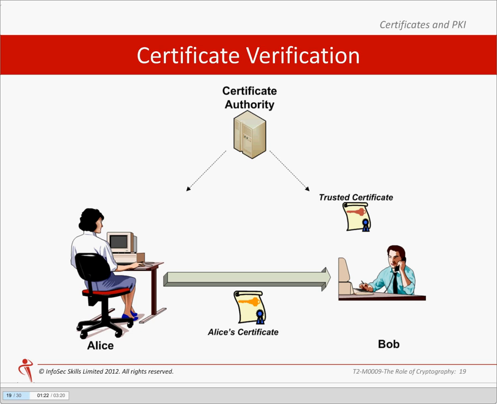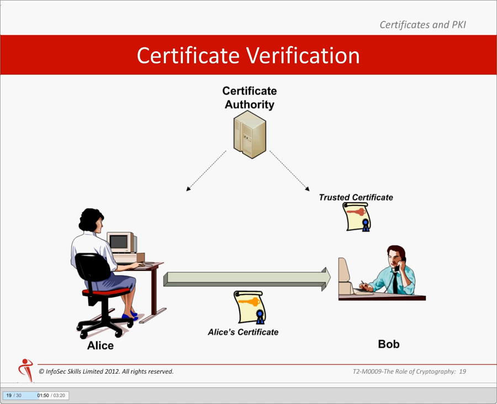On receipt, the first thing Bob will do is verify that Alice's certificate is truly authentic and has been issued by the CA, which Alice and Bob both trust. What Bob will then do is use the public key from the trusted certificate to validate the digital signature of Alice's certificate. Because of this, Bob will know that the public key in Alice's certificate is valid.